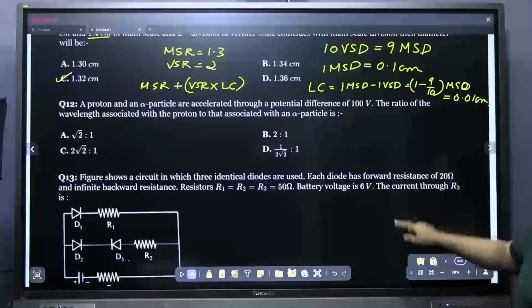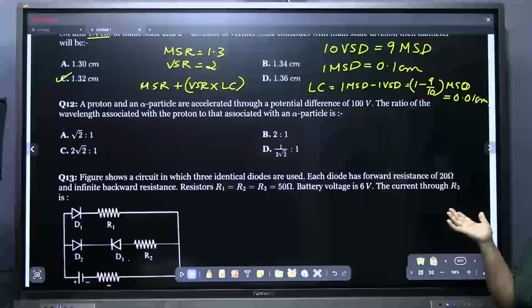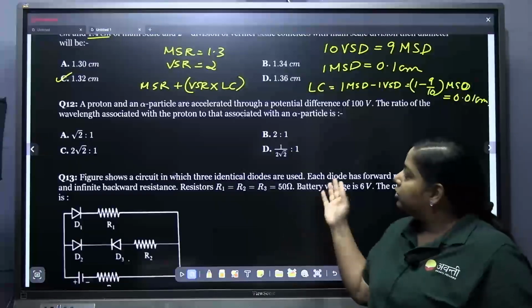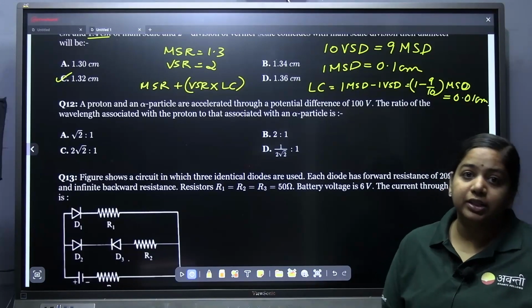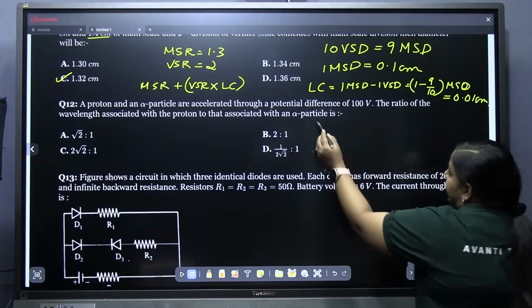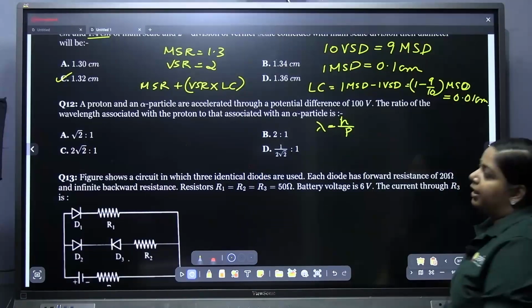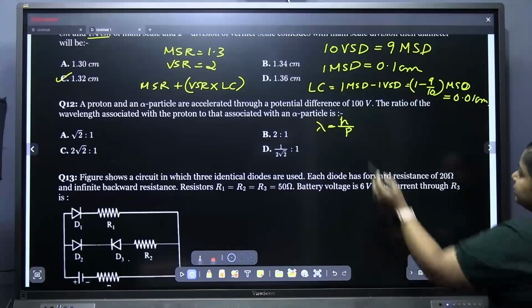Next one, again proton and alpha particle are accelerated through a potential difference of 100 volt. Ratio of wavelength associated with proton and associated with alpha particle. So here we have to find wavelength using de Broglie wavelength. Lambda is equal to h by p. Again p is not given but accelerated through a potential is given.